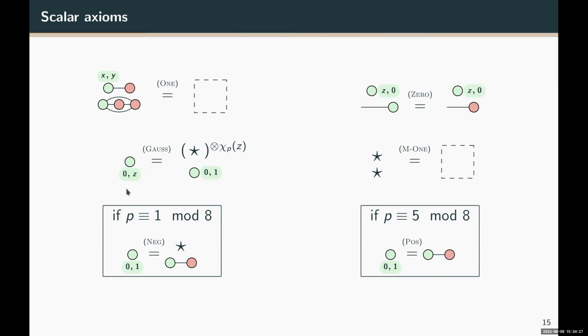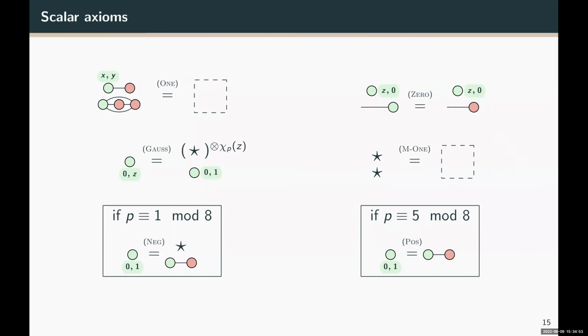This pure Clifford scalar here is a little bit tricky. In the case where Z is different from 0, it's essentially a Gaussian exponential sum. That is a sum over the pth roots of unity, but within the exponent there will be a quadratic term. These are a little bit finicky to take care of, especially diagrammatically.